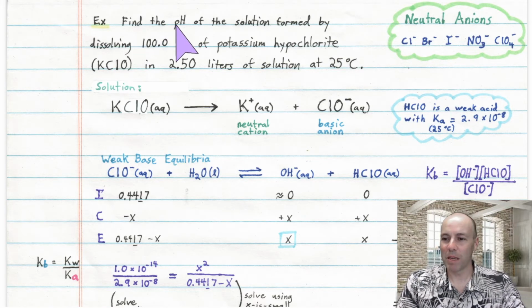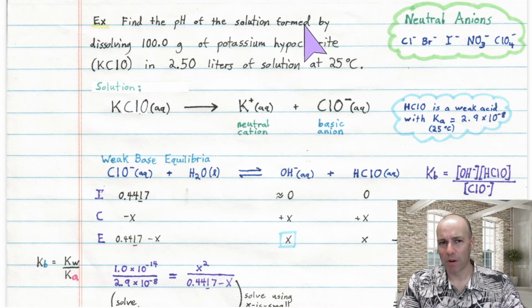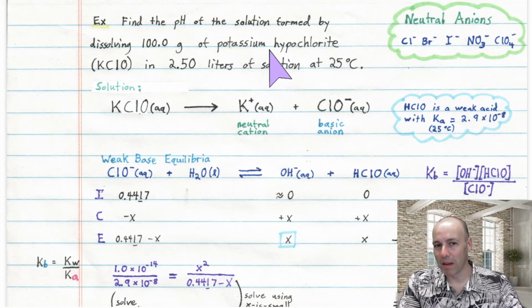You're asked to find the pH of the solution formed by dissolving 100 grams of potassium hypochlorite, that's KClO, in 2.5 liters of solution. Now, potassium hypochlorite, KClO, is an ionic compound. You have your metal cation and your non-metal anion.